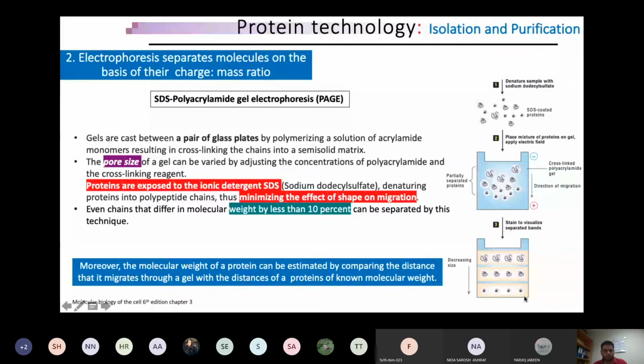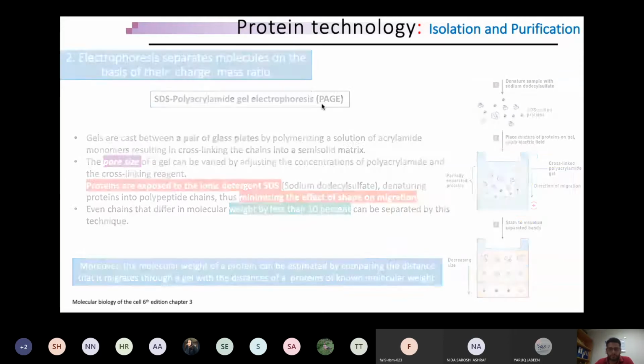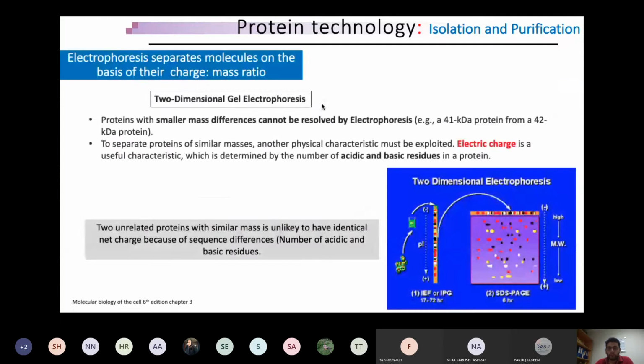Normally we have multiple proteins of the same size or the same ratio, so this is very hard. So it could be possible to separate proteins not only on the basis of mass but also on the basis of their charge. This is another technique called two-dimensional gel electrophoresis. It is a very interesting, important and informative technique, and most of the time people doing comparative proteomic studies use it.